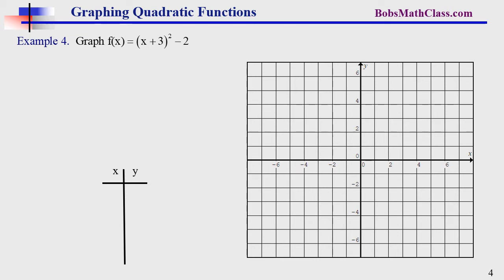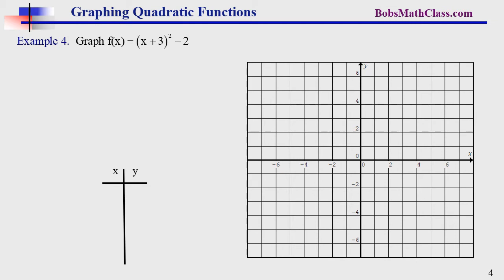This function, f of x equals x plus 3 squared minus 2, has 2 translations. It has a horizontal translation and a vertical translation. Inside the parentheses, what is the number that would make it 0? Right, negative 3. So I'm asking what number plus 3 equals 0, and that would be negative 3.